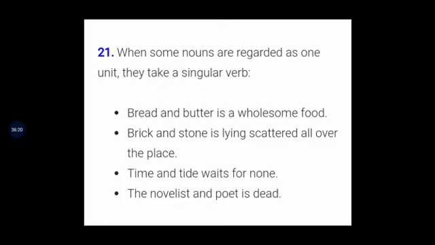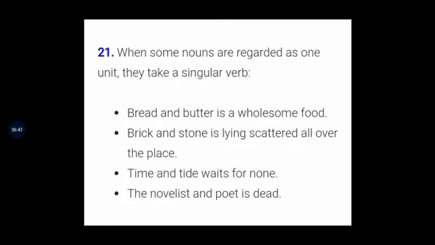Bread and butter. It sounds like bread is one subject and butter is another subject, but it refers to one unit. So we take the singular form of the verb. Bread and butter is a wholesome food.